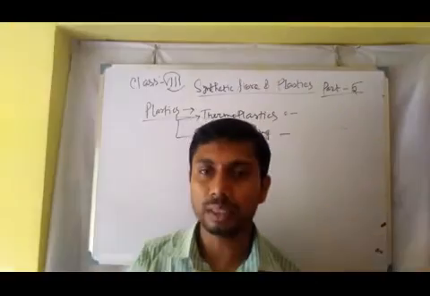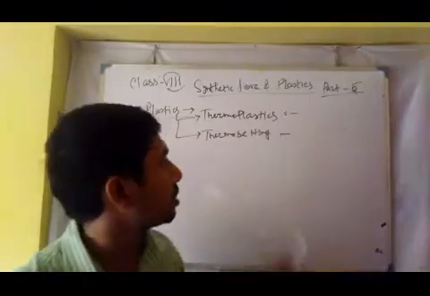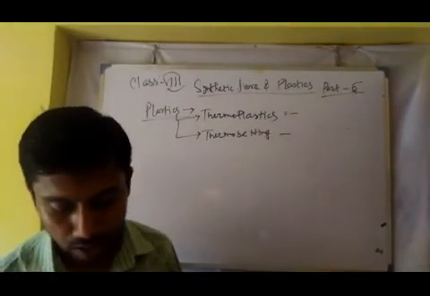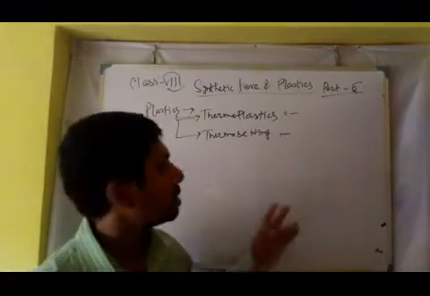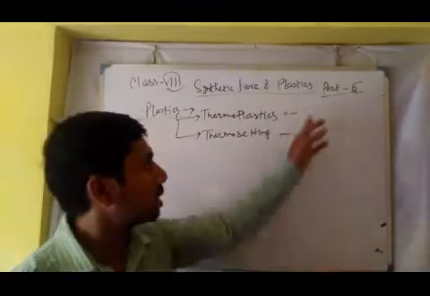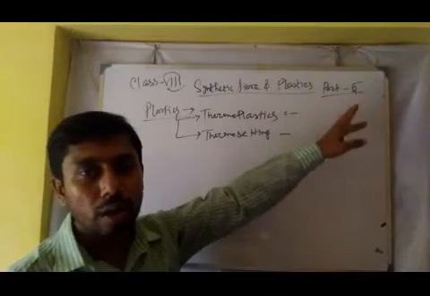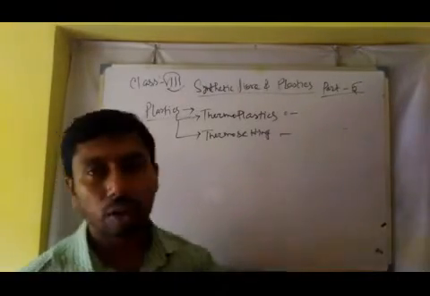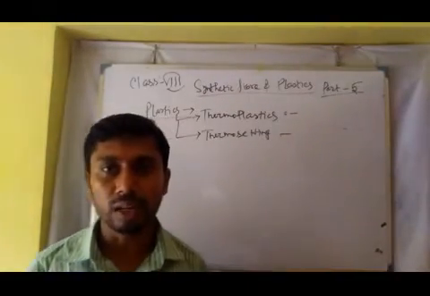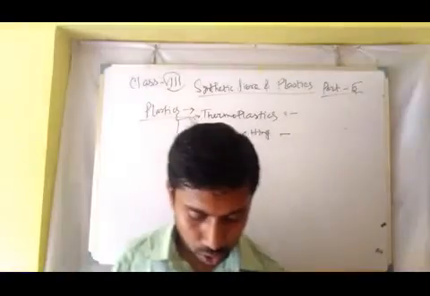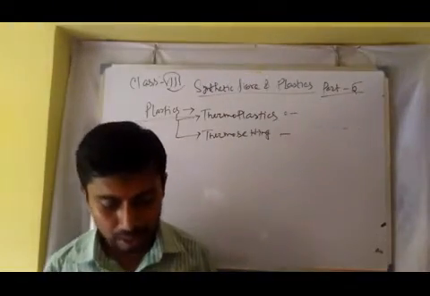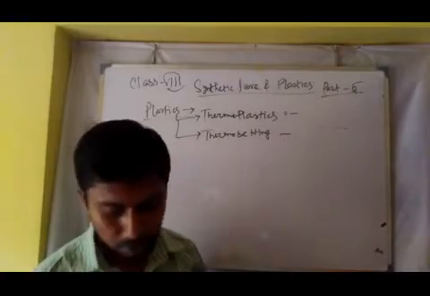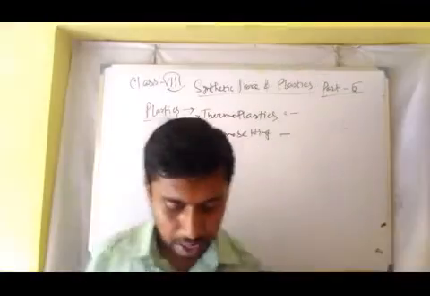But the very basic example is bakelite, which is an example of a thermosetting polymer. So the difference is, the first one can be molded, the second one breaks into pieces. The first can be used further to make any product, but the second cannot be used further. It is a one-time use, right? So this is thermoplastic and thermosetting. Polyethylene and PVC are examples of thermoplastic, and thermosetting examples are bakelite and melamine.